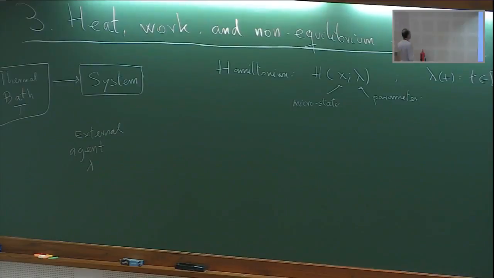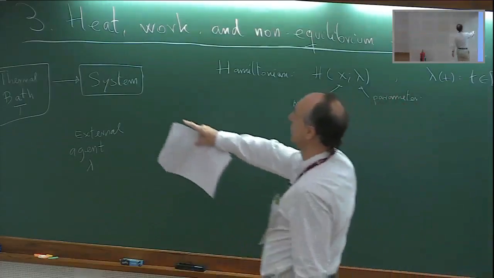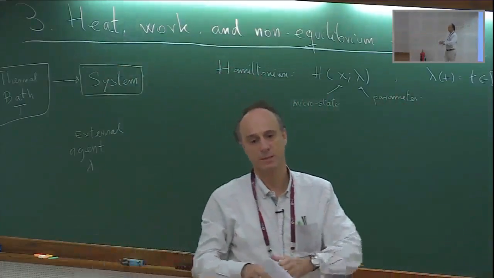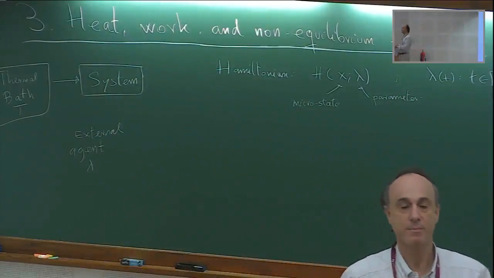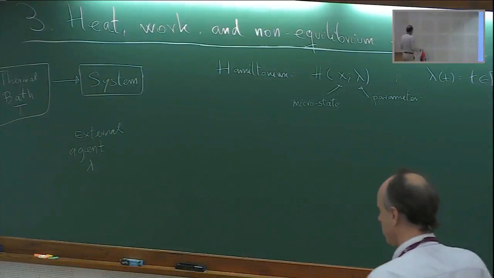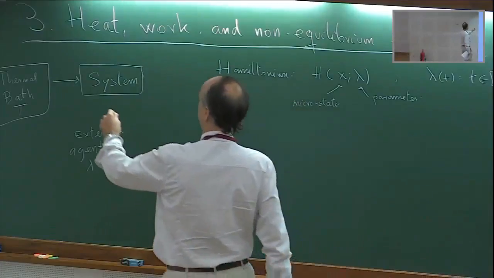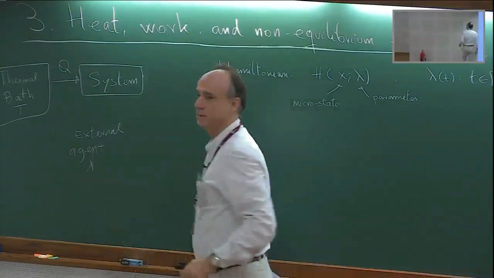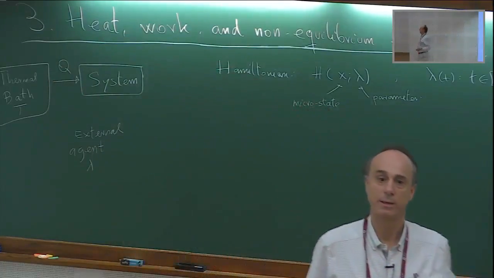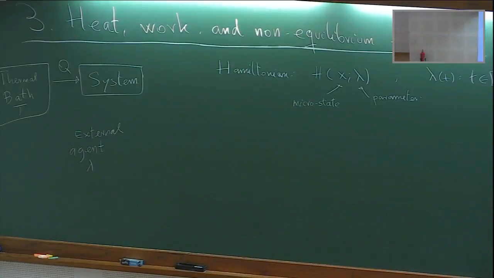We are interested in heat and work, which are just energy transfer between my system and the surroundings. Q is the energy that the system exchanges with the thermal bath, and all the energies are considered positive when entering into the system.